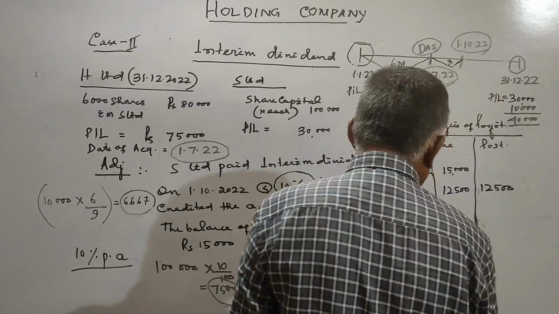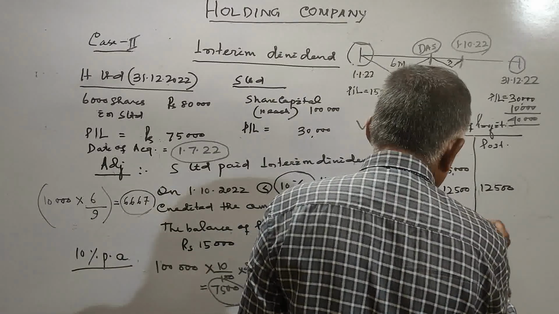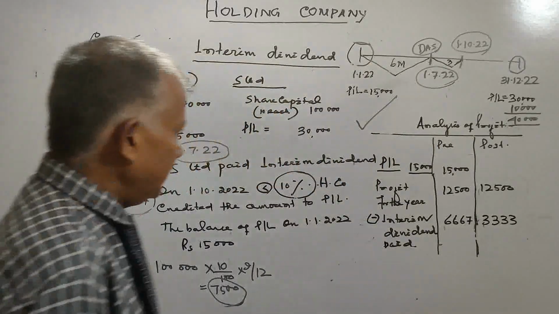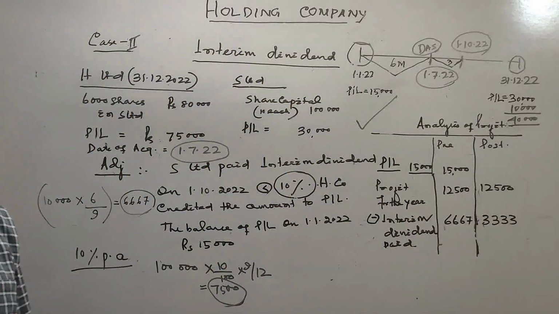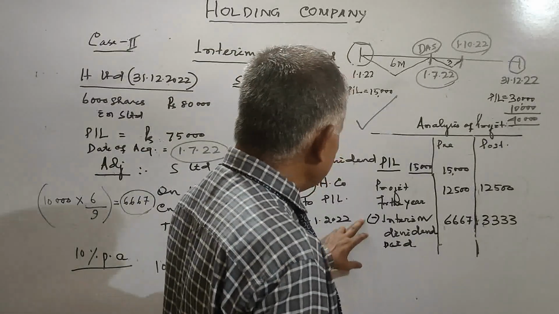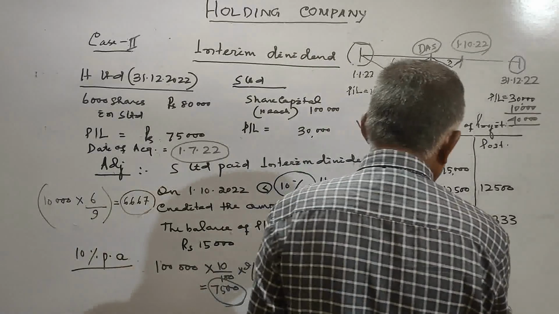Dividend paid will be for 6 months 6,667. This is 3,333. Right? In this way, don't go for any alternative treatment, you just try with this treatment.